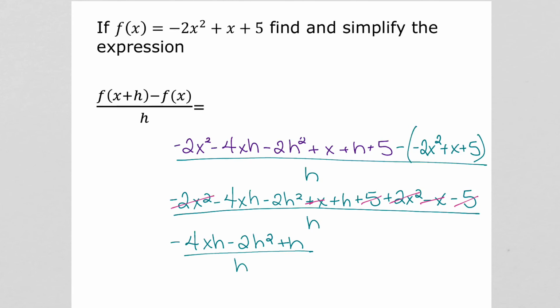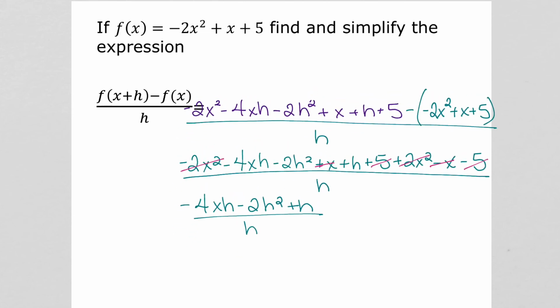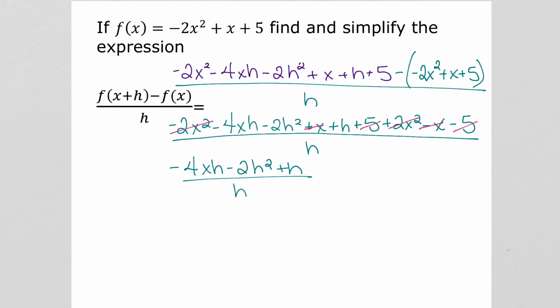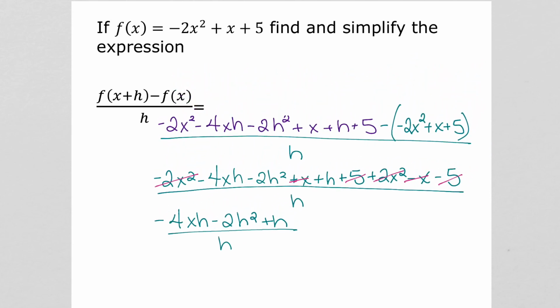Now we can simplify this a bit more. On the top, we can factor out an h, and you may see where I'm going with this.